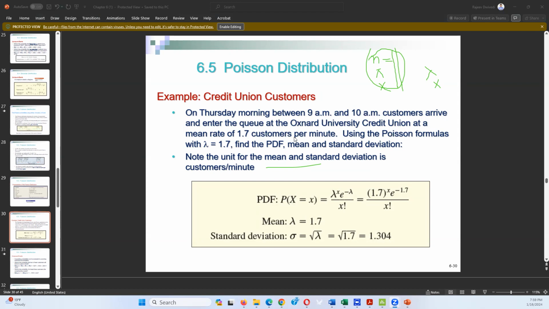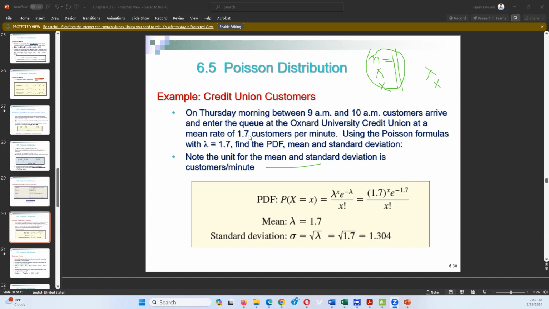Always remember, whatever unit is given in the question, the answer has to be given in the same unit. Let's say it is given in hours, like 100 customers arriving per hour, and it is asking the probability that 2 customers will arrive in the next minute.